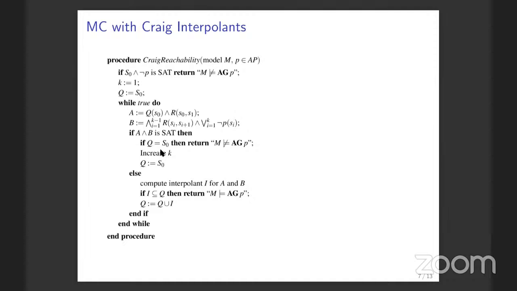You do a BMC check for up to some k, okay? And then say you're running out of steam. After that, you may want to put to better use the unsatisfiability, that is, the lack of existence of any k-long counterexamples.